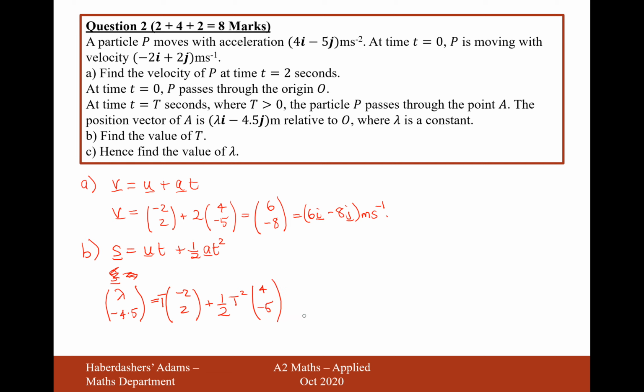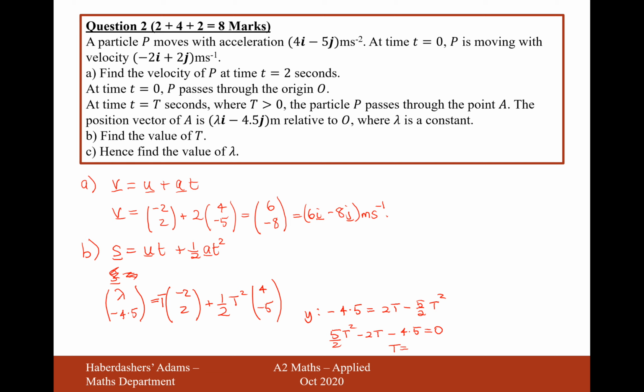Okay, so what I think I'll do here is make an equation out of the j component, the y variable. So that's going to be minus 4.5 equals 2t minus 5 over 2 t squared. Let's move all of that onto one side: 5 over 2 t squared minus 2t minus 4.5 equals 0.